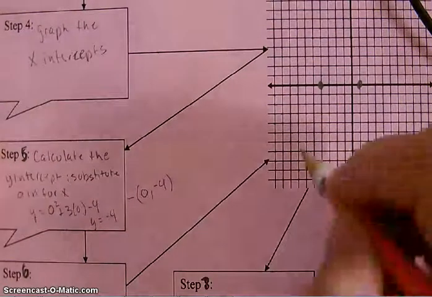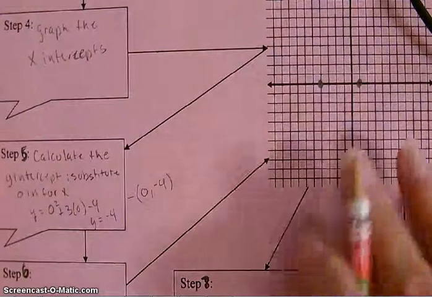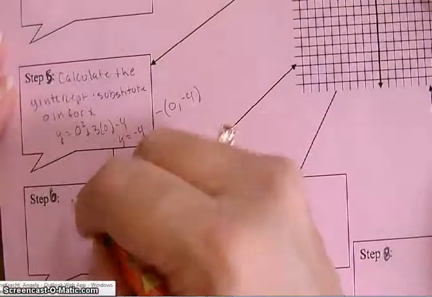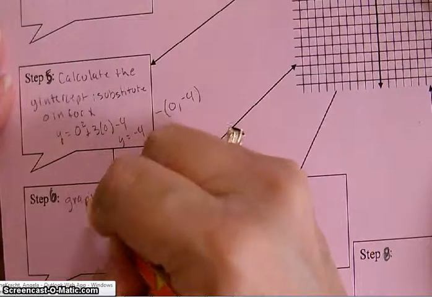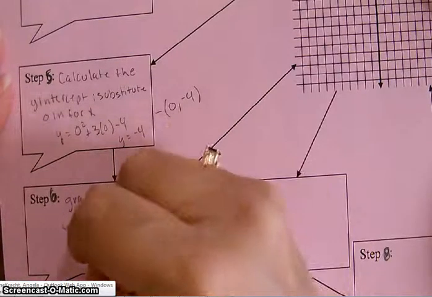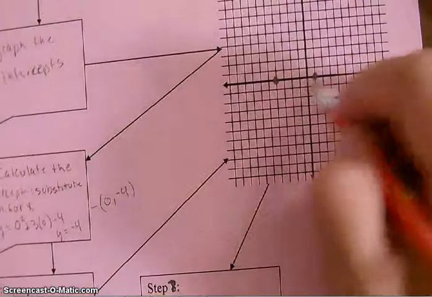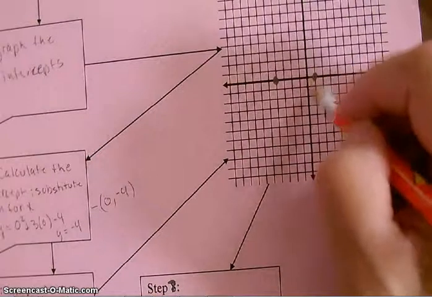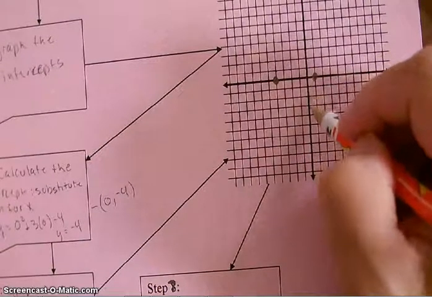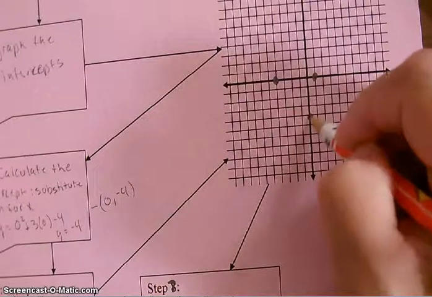I'm going to move on into step 6, which is to graph the y-intercept. It's 0, -4, so 0, 1, 2, 3, 4. So there's my y-intercept.